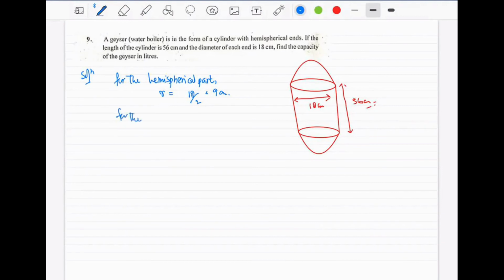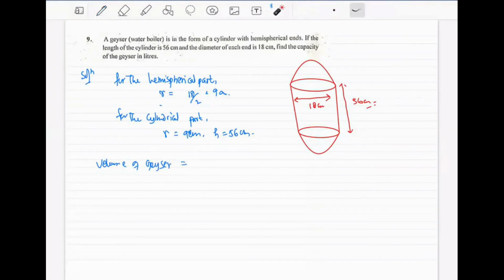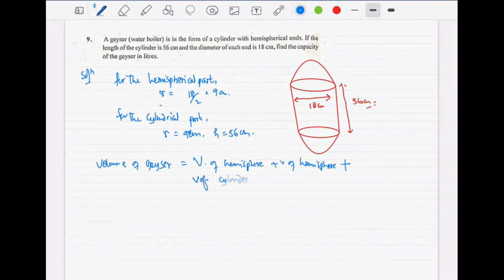For the cylindrical part, radius is 9 centimeter. Height is 56 centimeter. Find out the volume of the geyser. So you have to add the volume of hemisphere, plus volume of hemisphere, plus volume of cylinder.